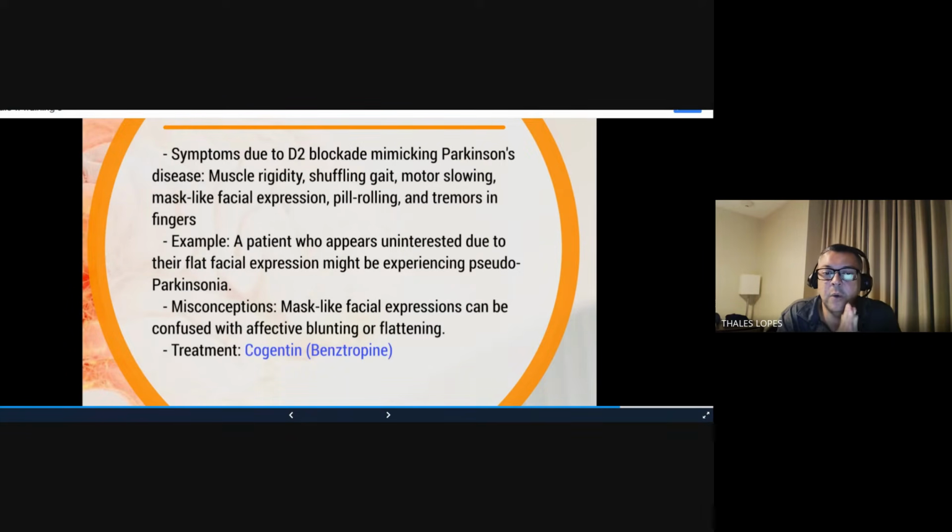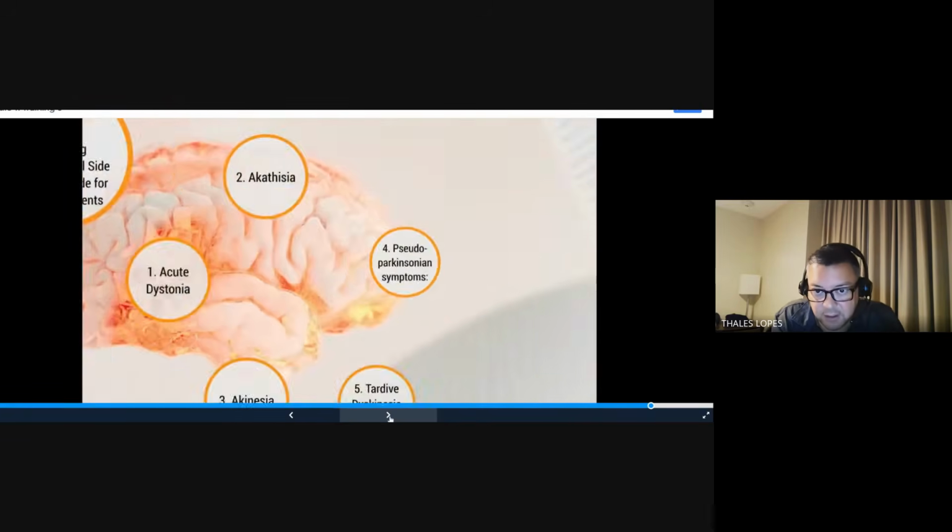So a patient who appears uninterested due to facial expression might experience pseudoparkinsonism. So what are you going to do? Cogentin. So everything you could do Cogentin, almost everything.